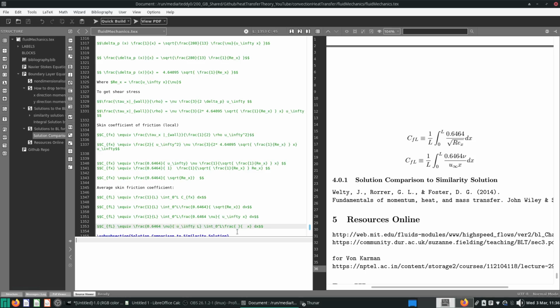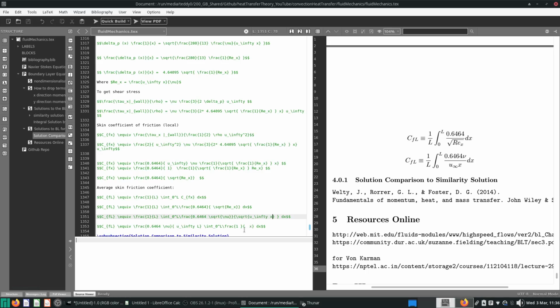So this will be just 1 over square root of x. I'm sorry, I think I messed that up again. Square root of nu, square root of u infinity, and x. Yeah, see, careless mistake again.